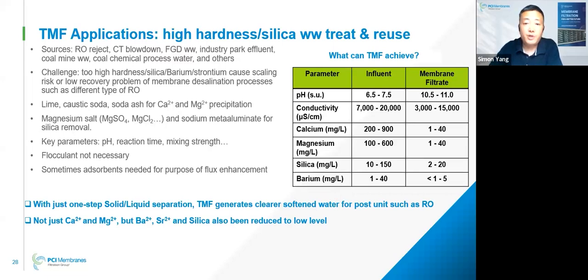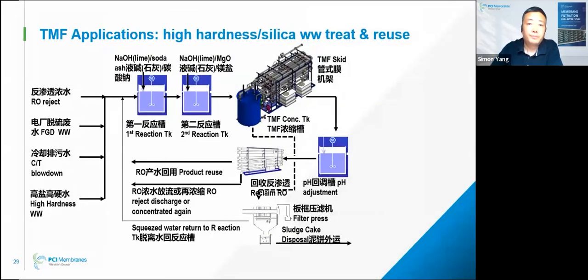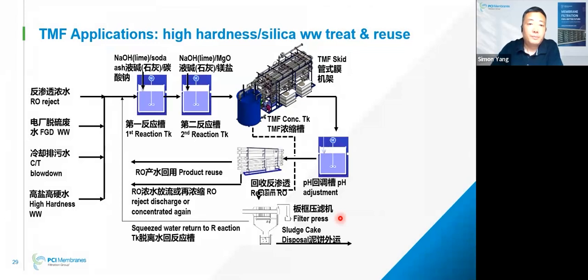So TMF can generate low turbidity, low hardness, low silica water for subsequent RO to do the desalination with a much higher recovery rate. This is a typical block flow to show a high TDS, high hardness, high silica water reclaim system.